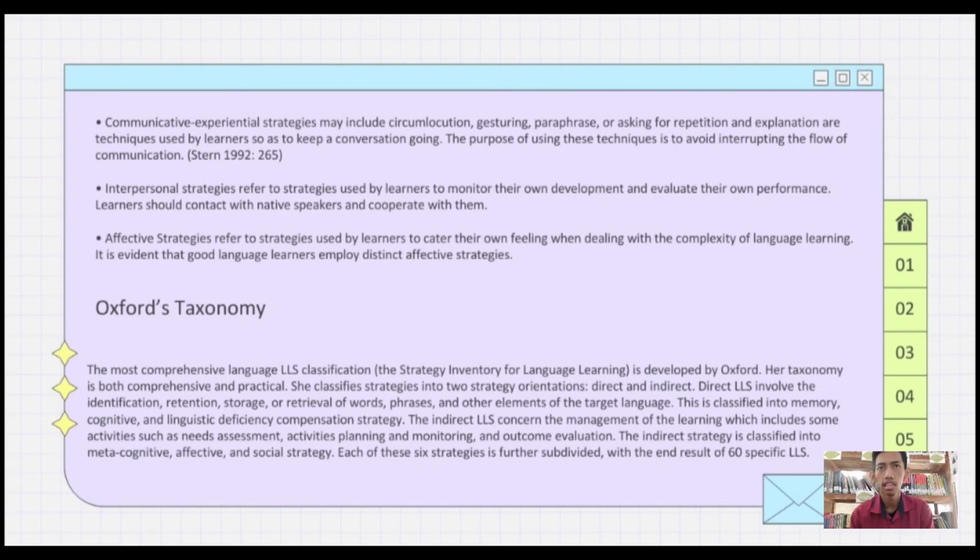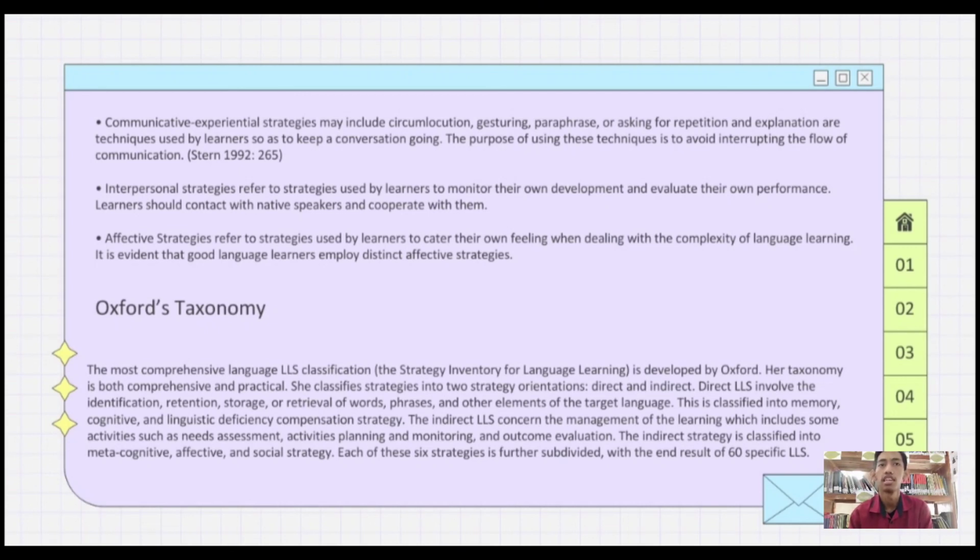Direct LLS involve the identification, retention, storage, or retrieval of words, phrases, and other elements of the target language. This is classified into memory, cognitive, and compensation strategies for linguistic deficiency.